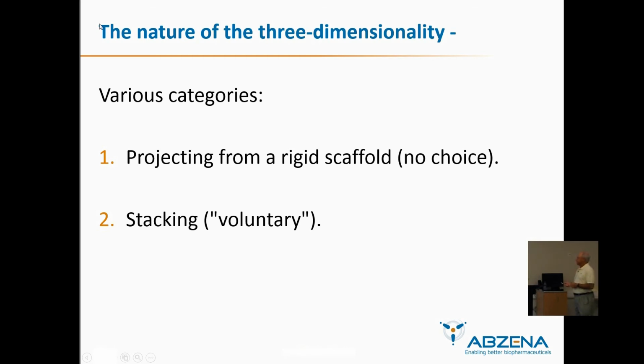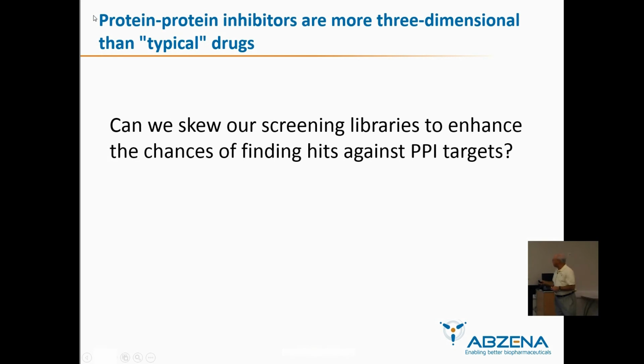So if you're preparing a protein-protein focused screening library, you may want to consider the propensity of your ligands to stack, because that can be an effective way of binding to the PPI interface.